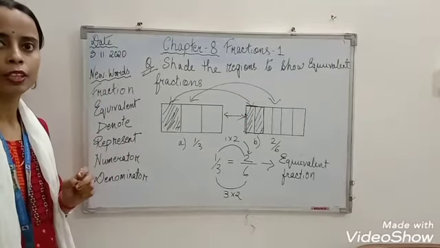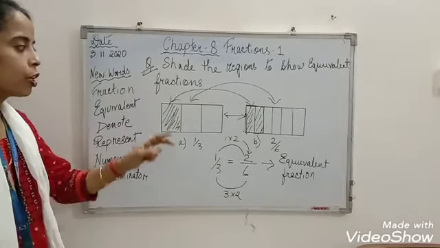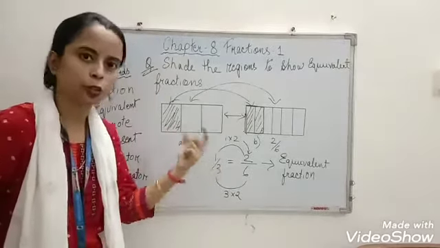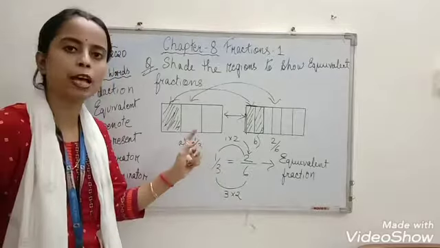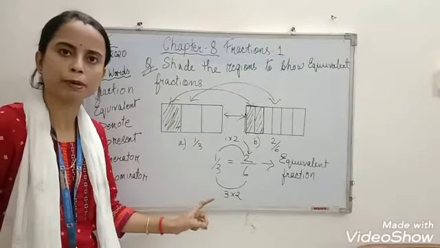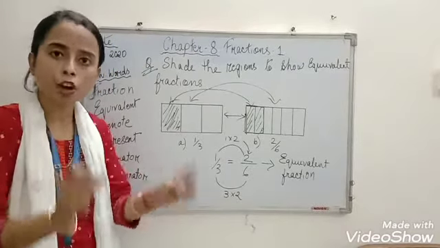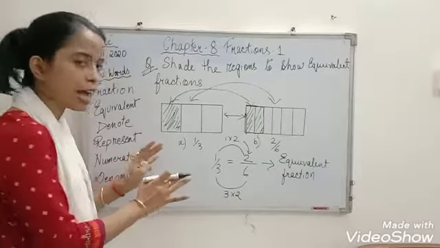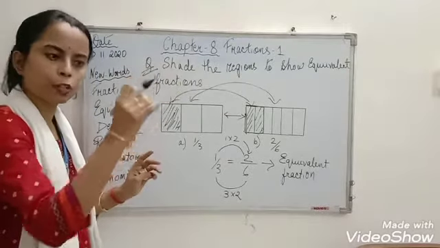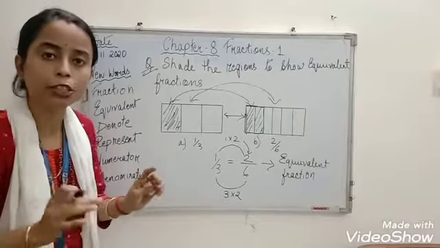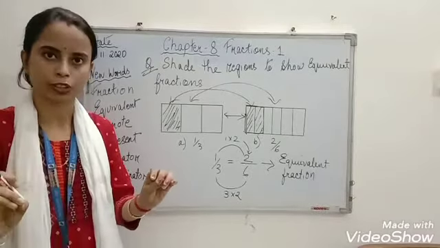Okay? So to make the fraction equivalent, we have to multiply both the numerator and denominator by the same number. And also we have to divide both the numerator and denominator by the same number to get an equivalent fraction.